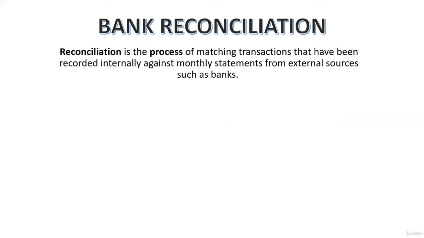Bank reconciliation is a process in which we match the books of our company, prepared in Tally by us or prepared manually, with the bank statement, that is the external source.